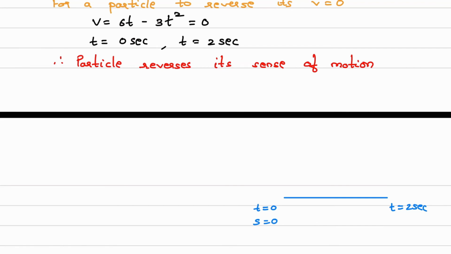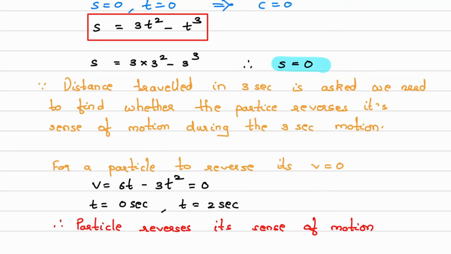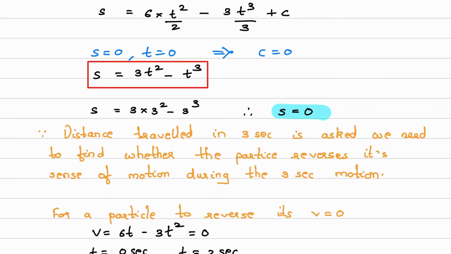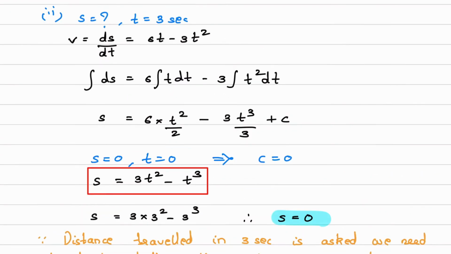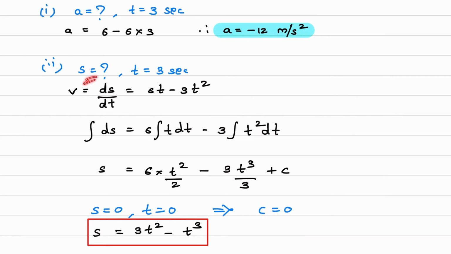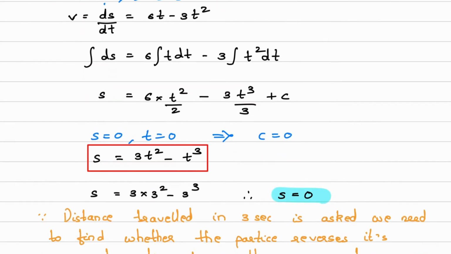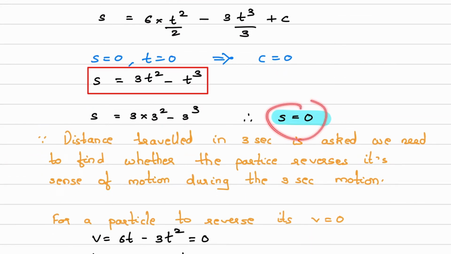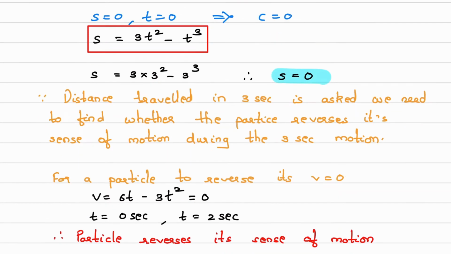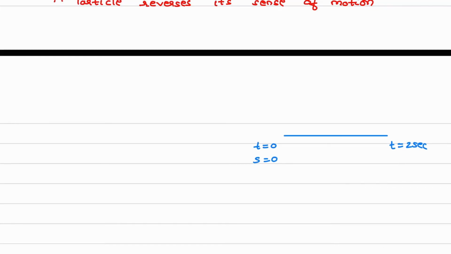And we had calculated that when time is 3 seconds, s is again 0. So this point will be t equal to 3 seconds.